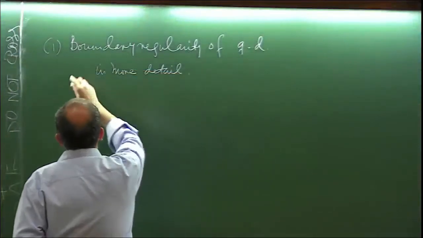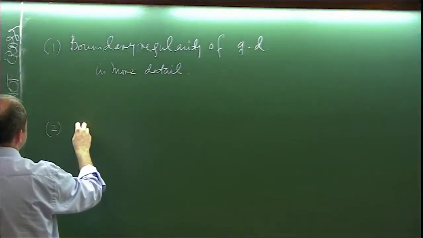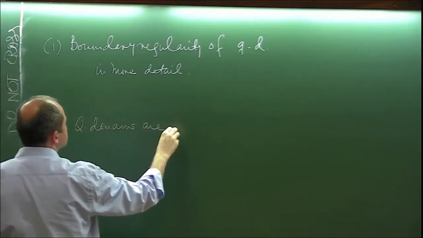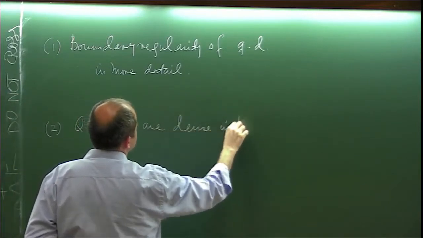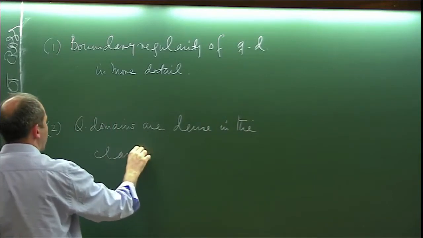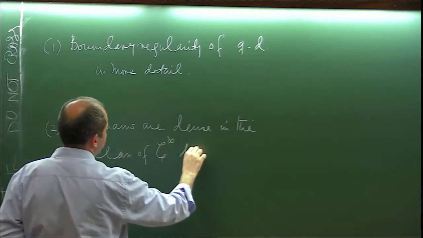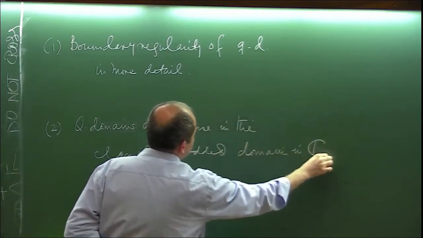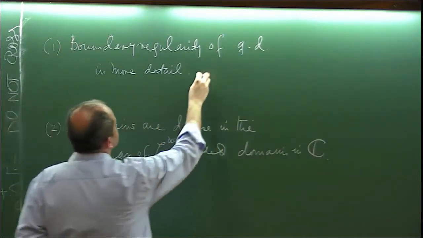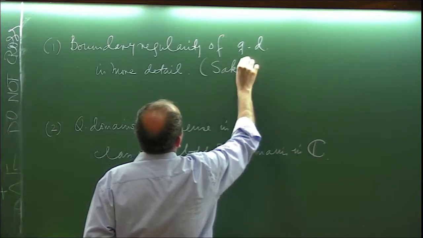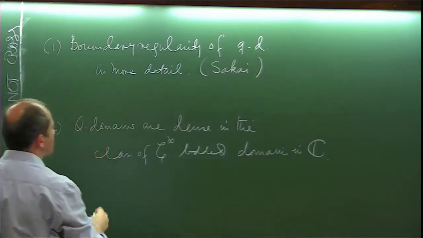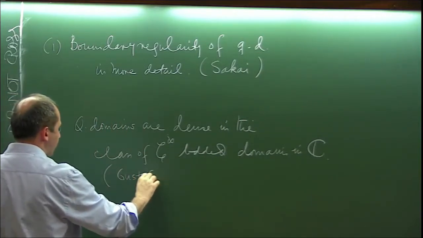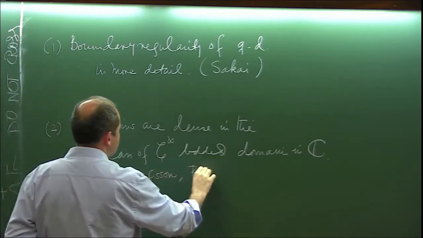The second part is to show that quadrature domains are dense in the class of smoothly bounded domains in C. Okay, so the first one is a theorem of Sakai, and the density theorem was first proved by Gustafsson and more recently by Bell.